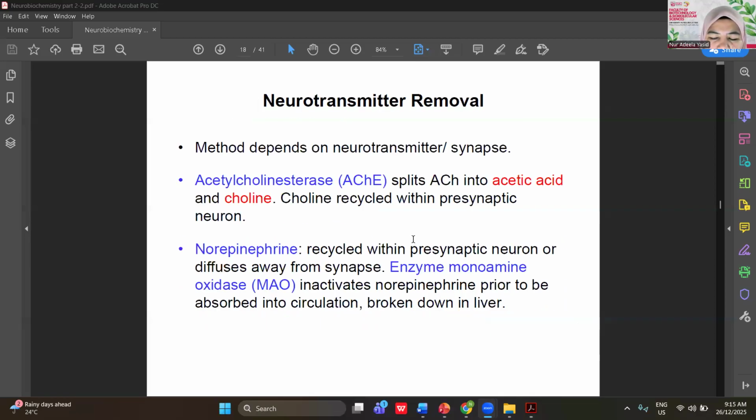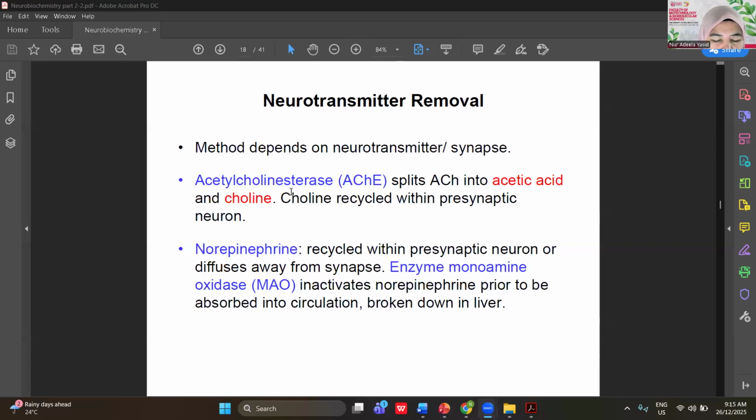Okay, so for the removal of neurotransmitters from the synaptic cleft, this is the method. The methods of removal of neurotransmitter depend on the neurotransmitter itself and also the synapse. So how is acetylcholine involved in the removal of neurotransmitter?